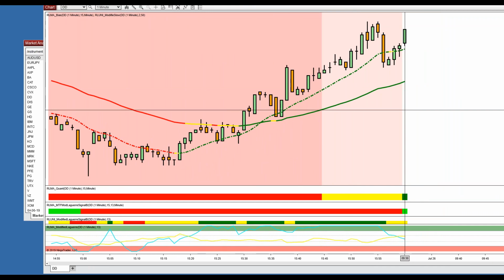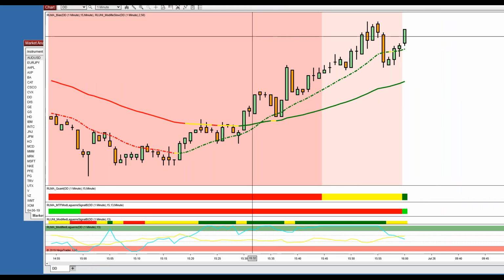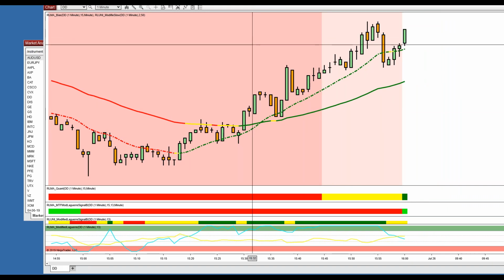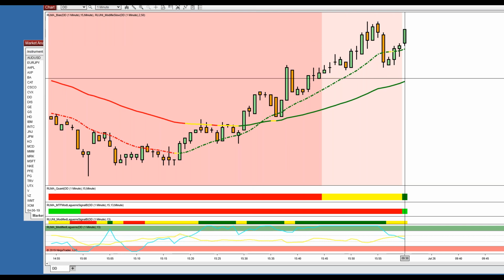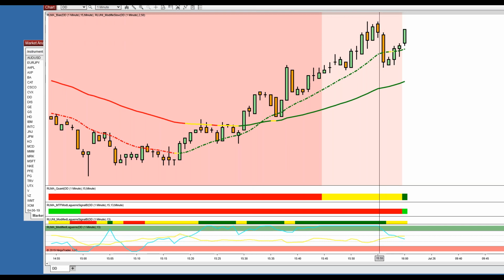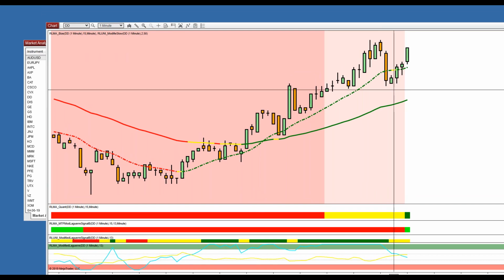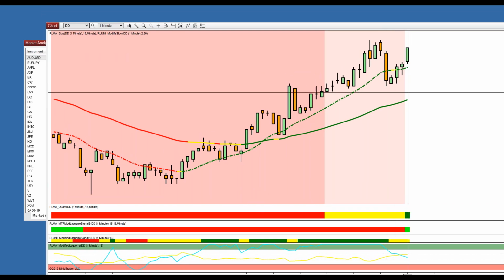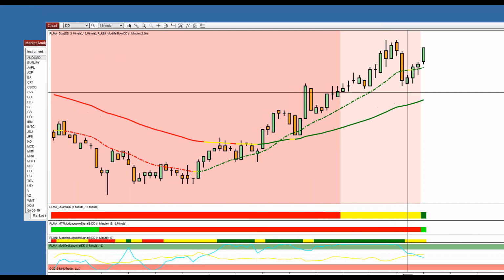And right here is the signal. It's coming right at the end. And this is just about to turn green on the 1 minute. The problem with some of these is it's the last second of the market.